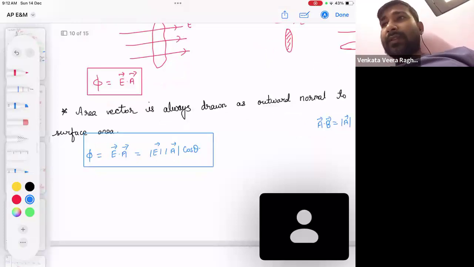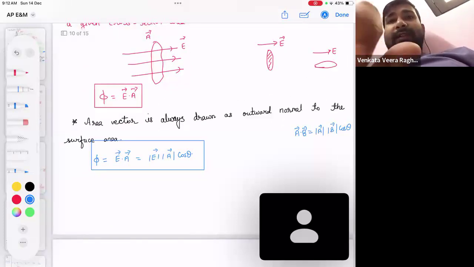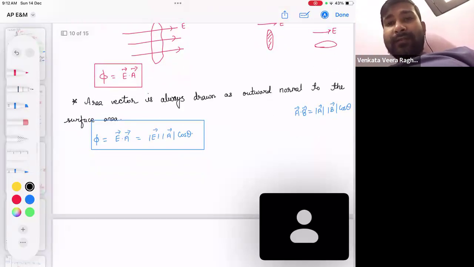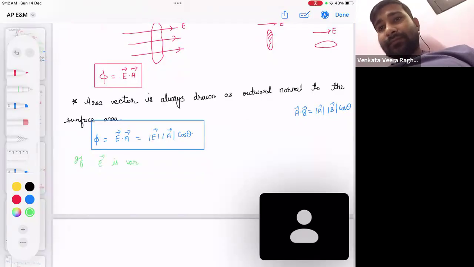But sometimes it may be possible that electric field is variable in the question. In that case, what should we do? If electric field is variable, then first we should calculate a small electric flux, E dot dA.